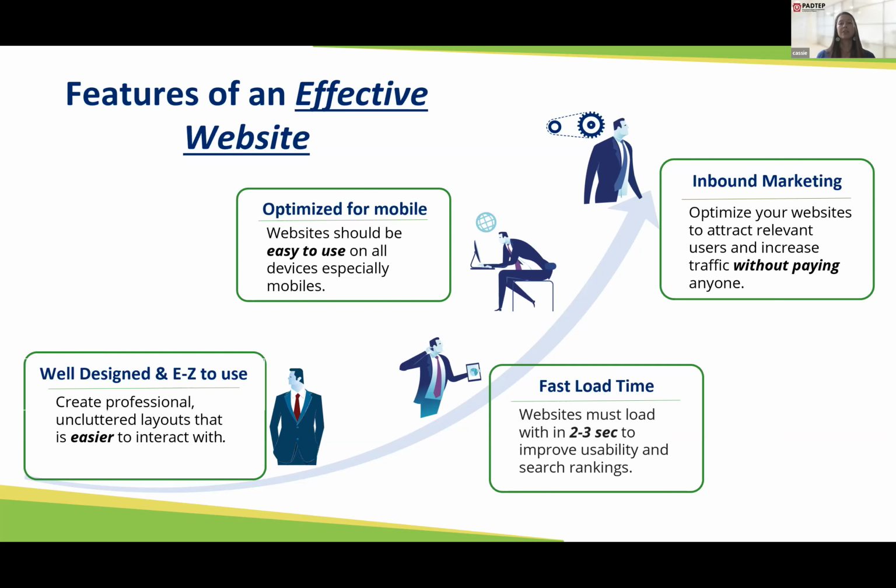Another thing that's very important for your website is that it is optimized for mobile phones. People use their phones for everything nowadays. And so it's very important that this is optimized for mobile phones. Now, if you want to know if your website is optimized for mobile phones, well, that is one of the items we actually check in our SEO report.